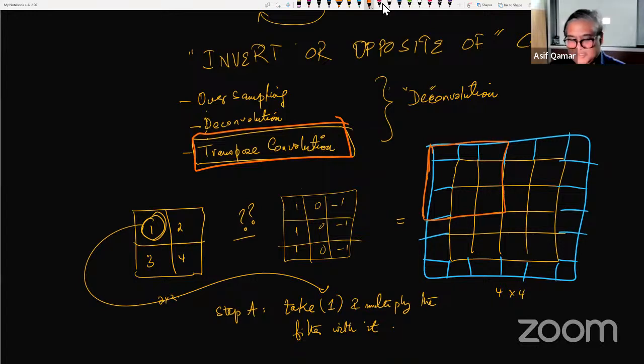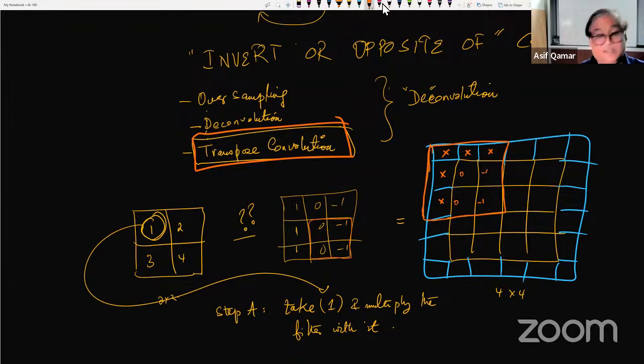So what will happen? 1 multiplied by this will become here. What will I get here? 1 times 1 is 1. But we are ignoring it. So this doesn't matter. The part of it that really matters is only this, isn't it? So I can put those values there: 0, 0, minus 1, minus 1.